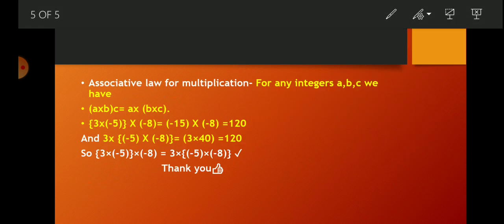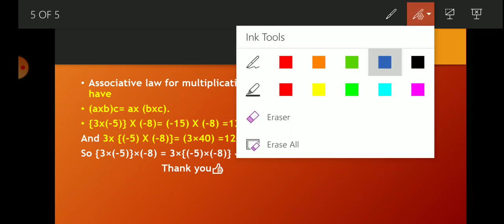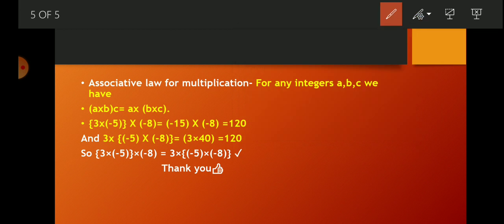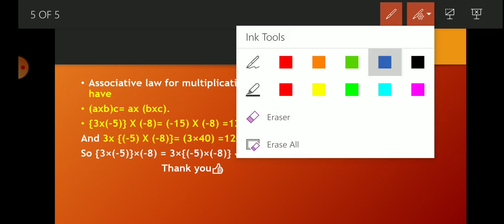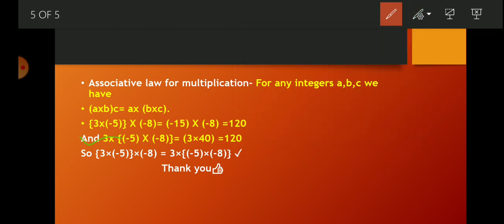Now the next property is associative law for multiplication, in which we can see if we have three integers a, b and c, here also we can change the order of the three of them and our answer will be the same. Like in this example, if I am multiplying 3 multiplied by -5 multiplied by -8, my answer is 120.